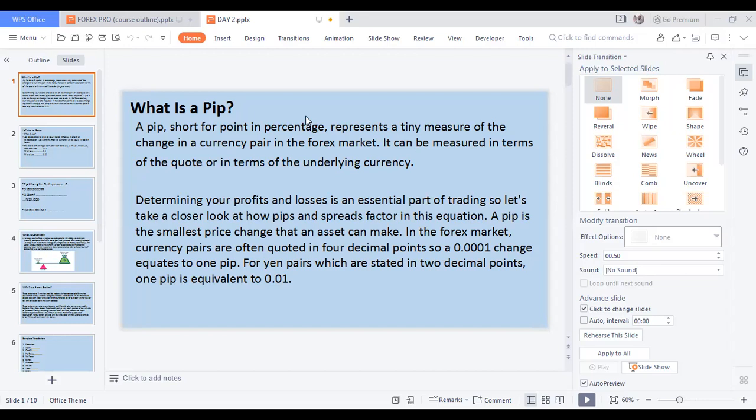A pip is when you say 1 over 100 times 1 over 100. One times 1 is 1. 100 times 100 is 10,000.